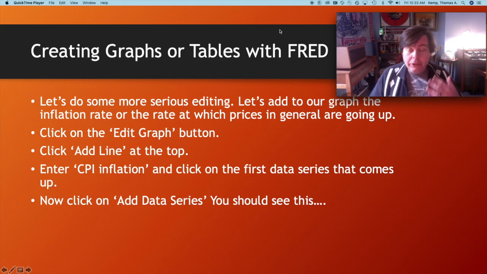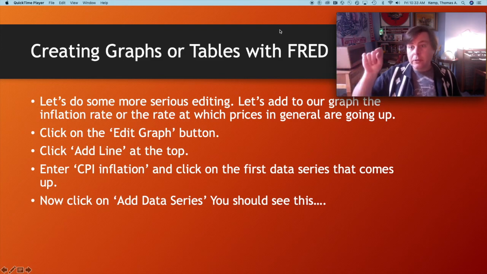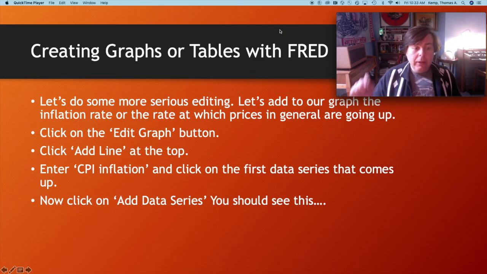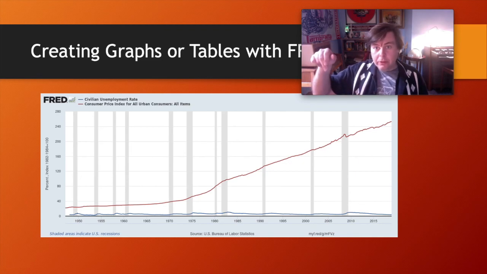And then I would like you to try to enter in CPI inflation. So just type that into that box, and click the first data series that comes up. You should get several options. The CPI inflation should be the first one, okay? And then click Add Data Series, okay? All right, wonderful. So what we see here is now we have two lines.